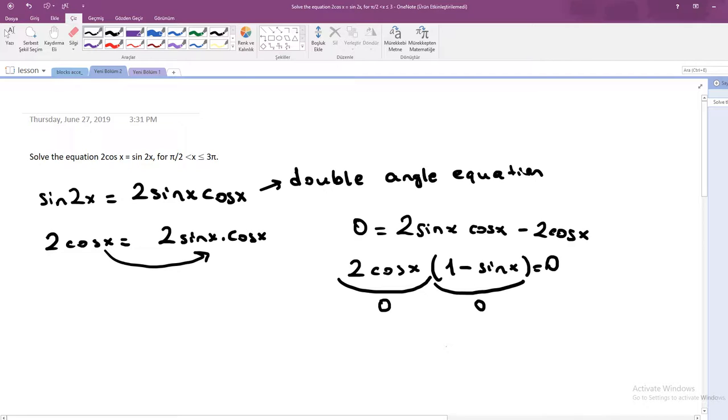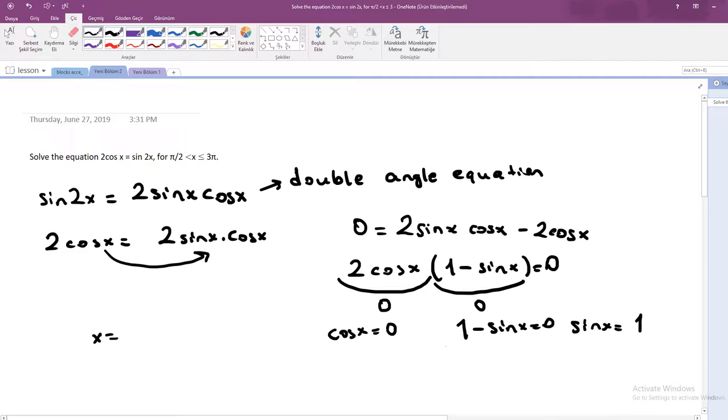Let's start by solving this one. 1 minus sine x equals 0, then sine x equals 1. And for cosine, it is just cosine x equals 0. So how can we come to a conclusion where we can put the value in for x and get 0?